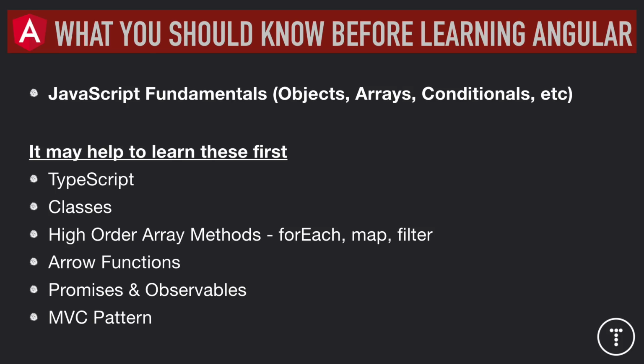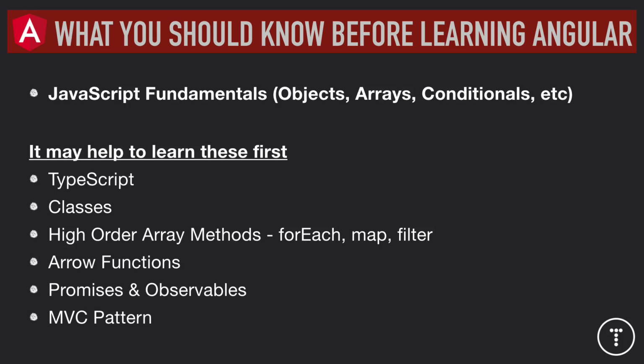It also includes a lot of ES6-like features. Classes, so Angular uses classes in its components, its services, and so on. Higher-order array methods like forEach, map, filter, these are going to be used in just about every framework and even vanilla JavaScript, as well as arrow functions, promises, and observables.